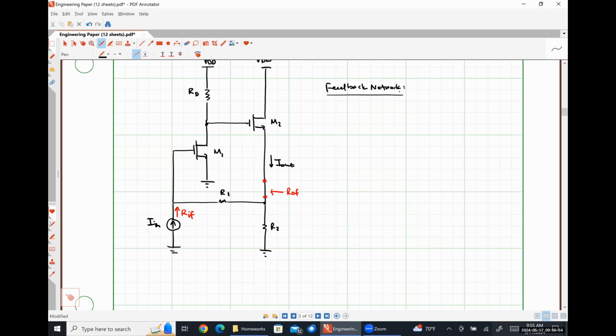I feel like this is probably one of the easiest ones to figure out because I've explicitly said where our input signal is, where our output signal is, and where we're breaking things to look at stuff. So I think our feedback network is going to look extremely similar to what we saw in our feedback voltage amplifier.